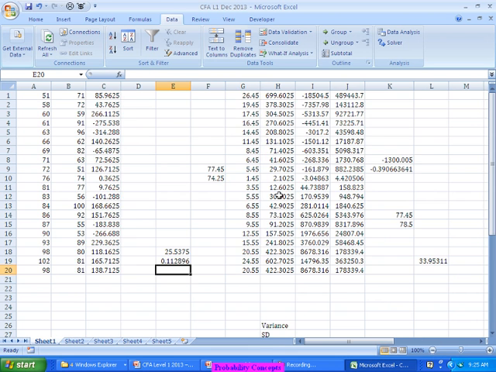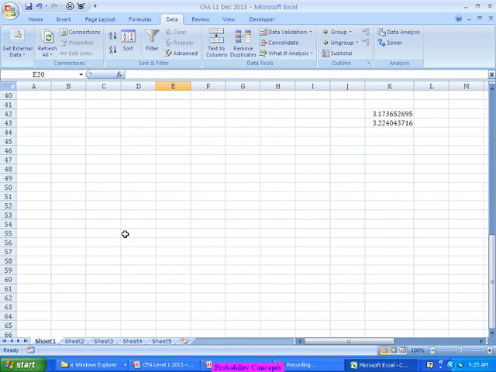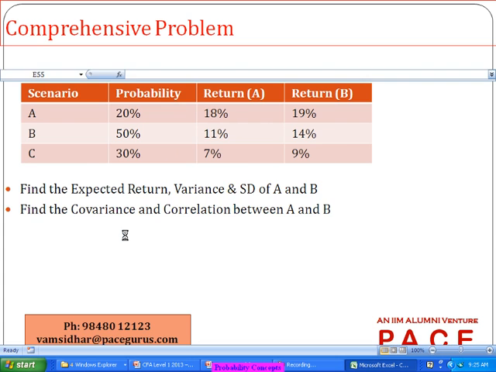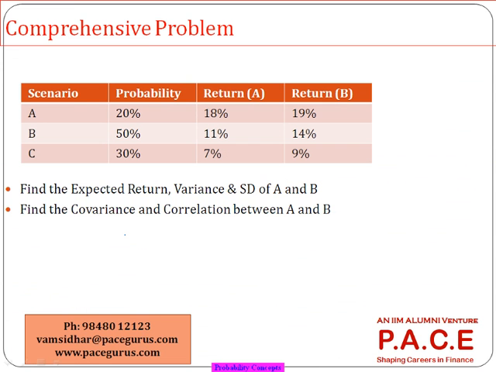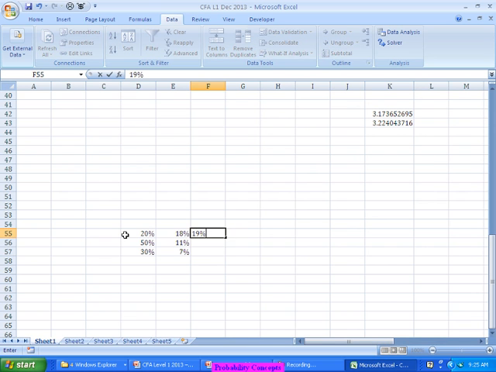20, 50, 30. And when it comes to A, 18, 11, 17. 19, 14 and 9. Okay, let's look at this relation now.